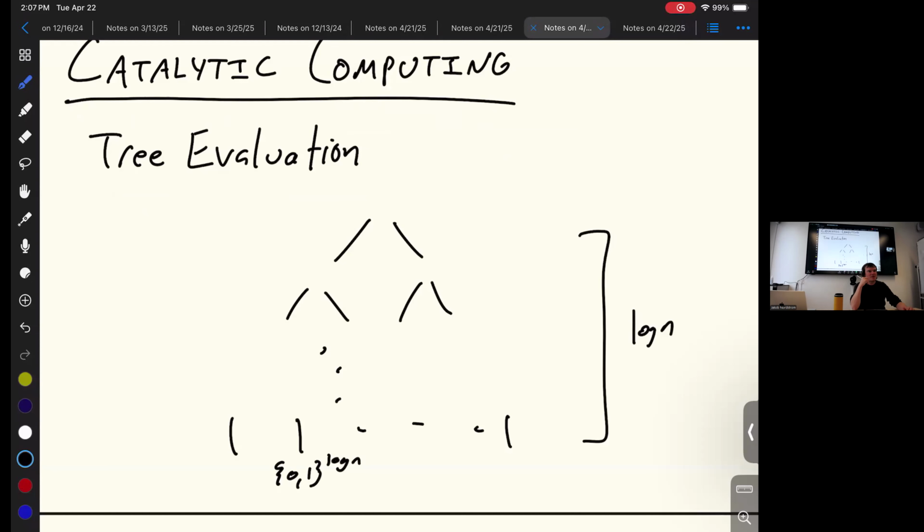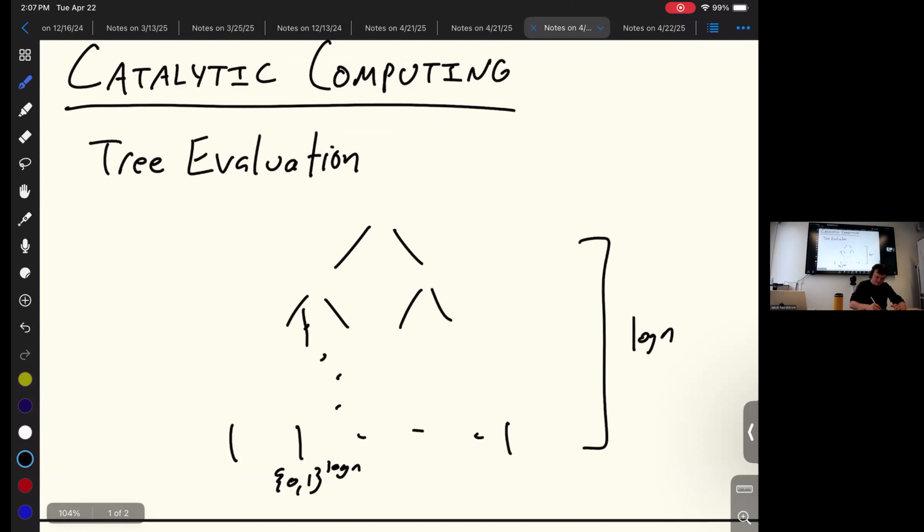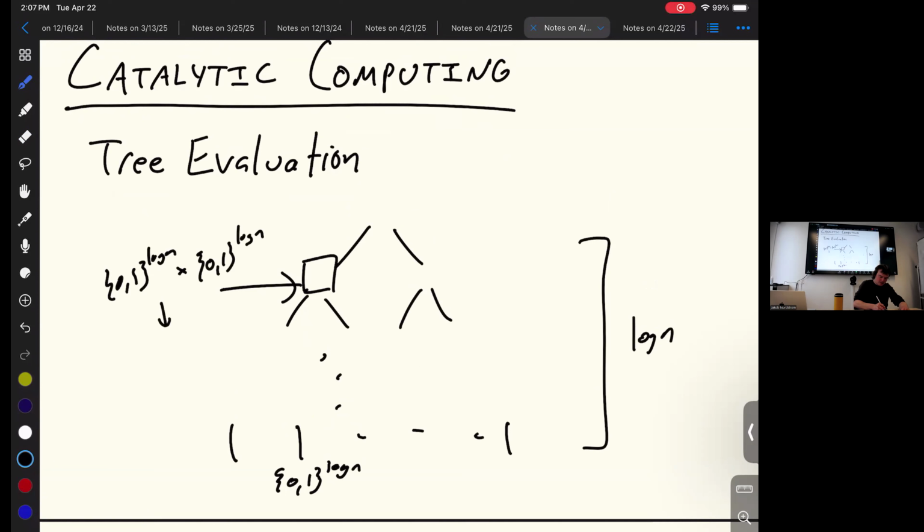So what's actually going to happen at each internal node? It's going to be an entire function from log n bits on the left, log n bits on the right, mapping to log n bits. And where does this function come from? It's given as part of the input.